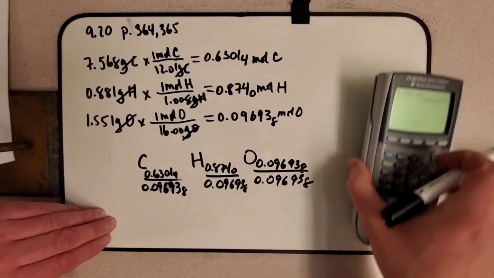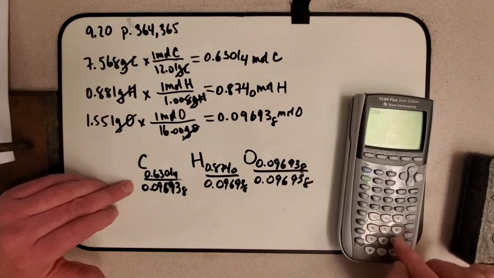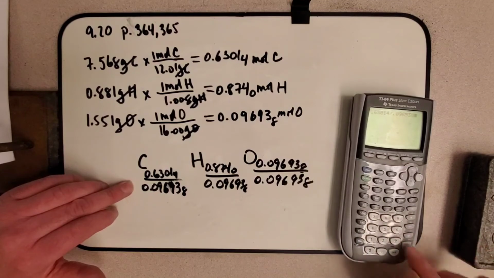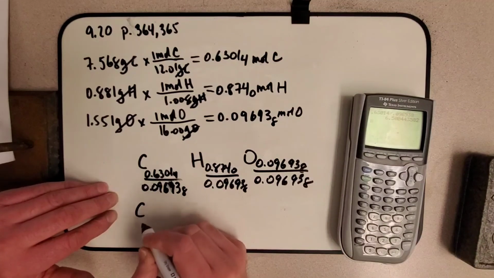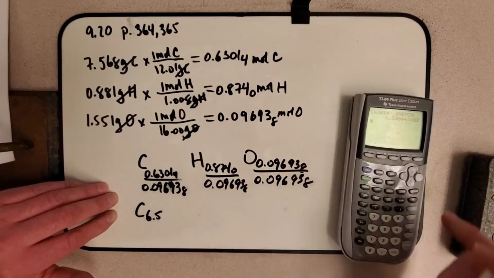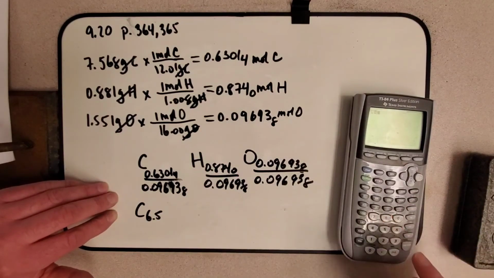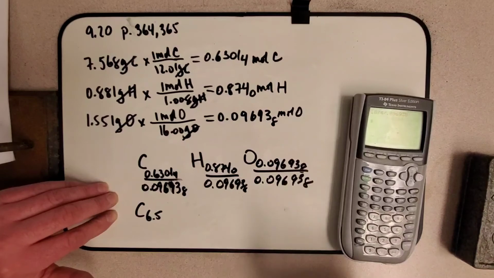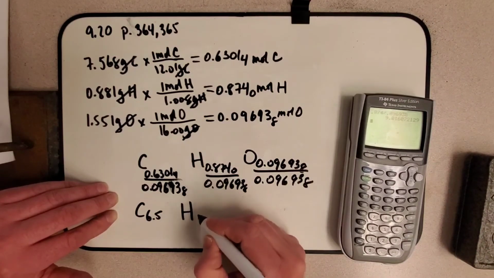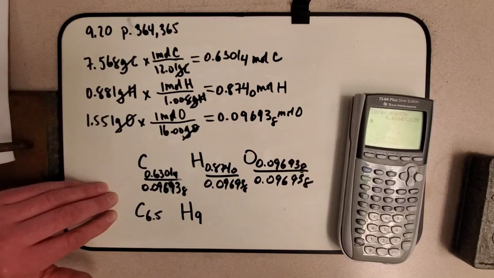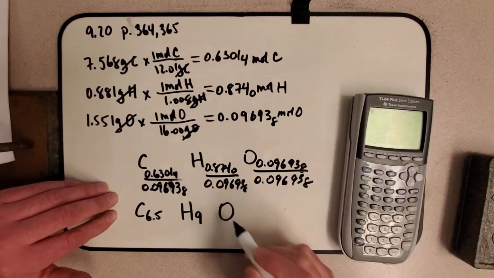All right, so let's do the calculations now. 0.63014 divided by 0.096938 gives me C will be 6.5. Now hydrogen will be 0.874 little 0 divided by 0.09693 little 8. So the hydrogen came out to be 9.01, which is 9, and the oxygen, of course, came out to be 1.